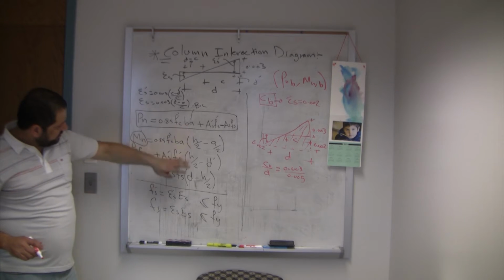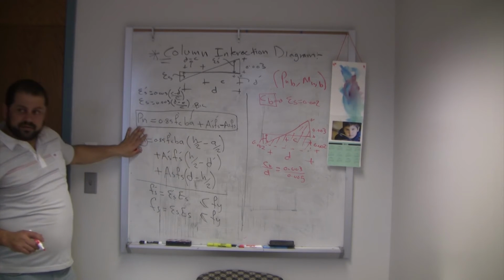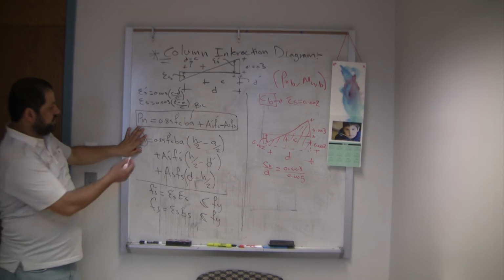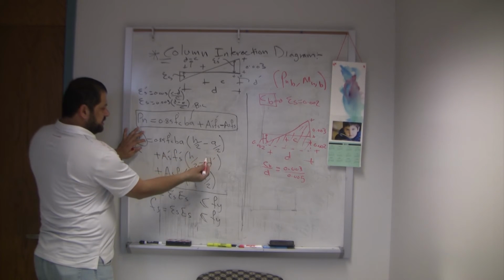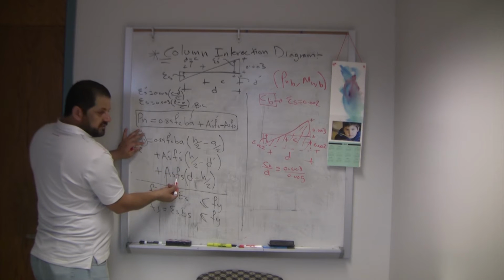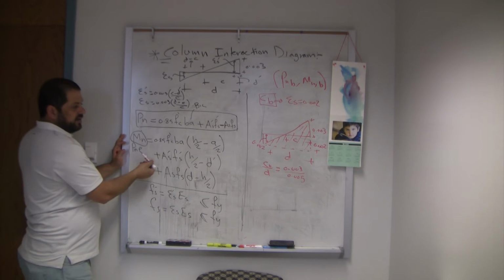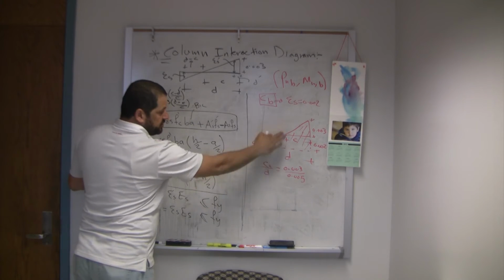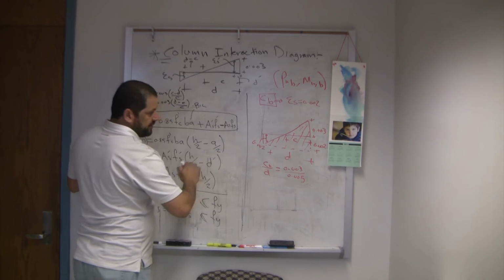As you can see, everything is available. This is a function of C. So I can calculate Pn and Mn for this case, the balanced condition. So that's C balanced.